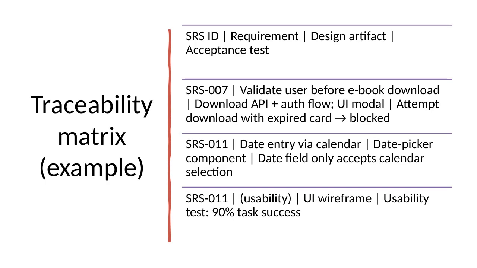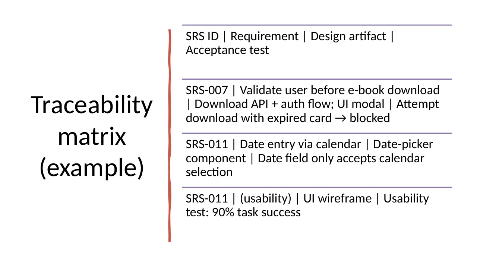Now, let's take a look at the traceability matrix. This tool helps the team keep track of how each requirement is linked to its corresponding design elements, development tasks, and testing scenarios. It ensures that nothing gets overlooked as we move from gathering requirements to building and validating the software. Business analysts start by capturing clear requirements.